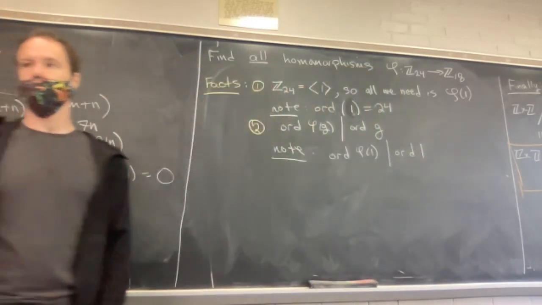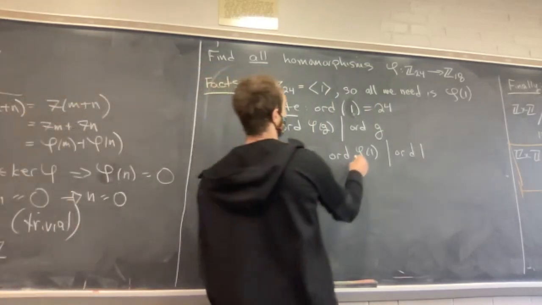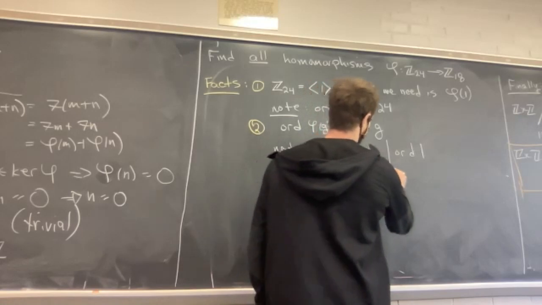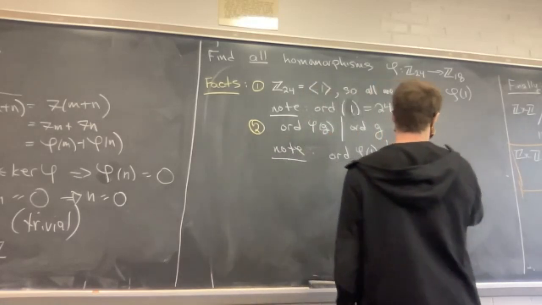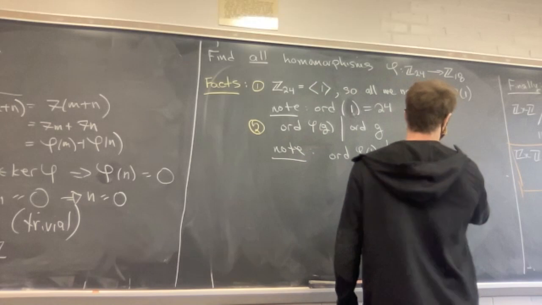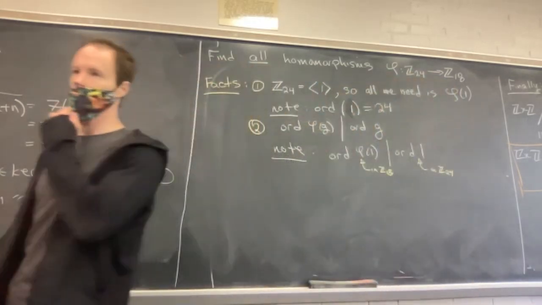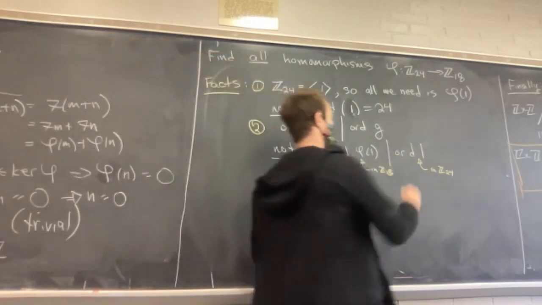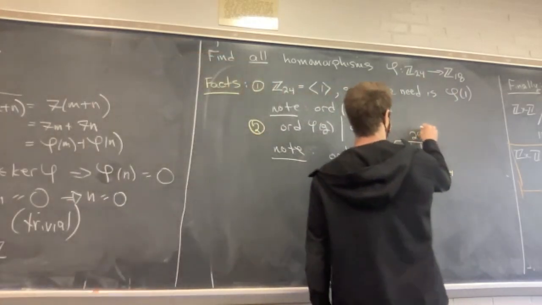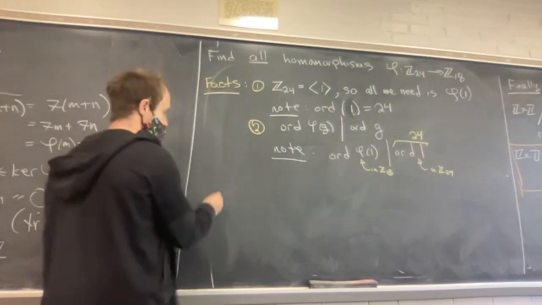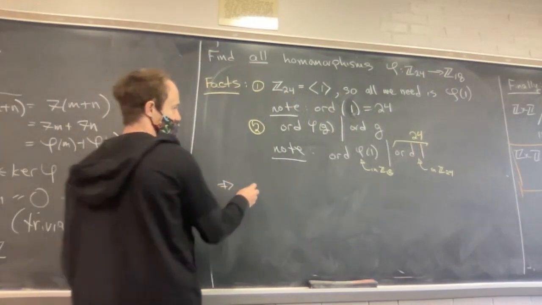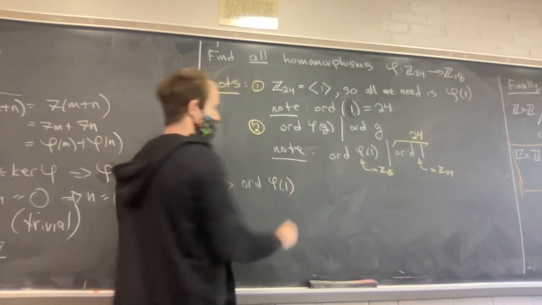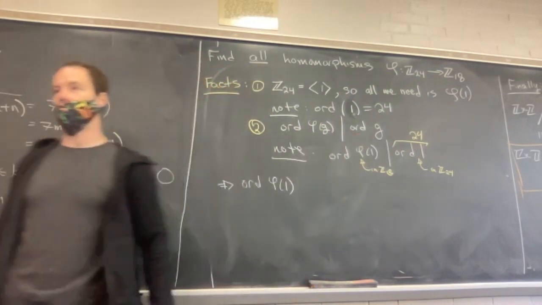Remember that this over here is happening in Z18, and this over here is happening in Z24. Well, we know that the order of 1 is equal to 24. So in the end, the order of phi of 1 has to divide 24.